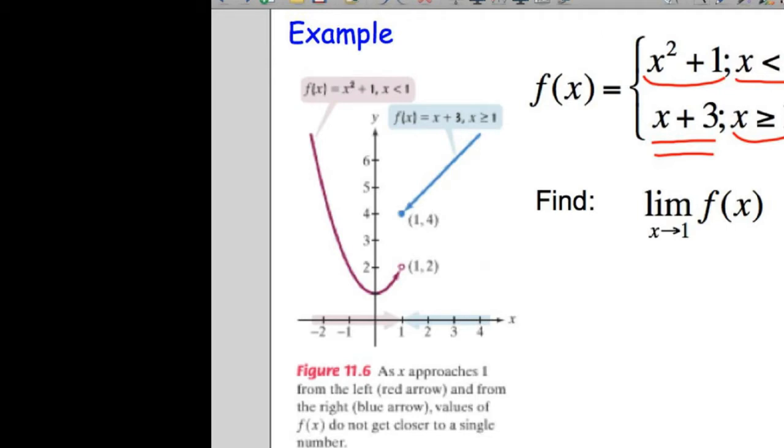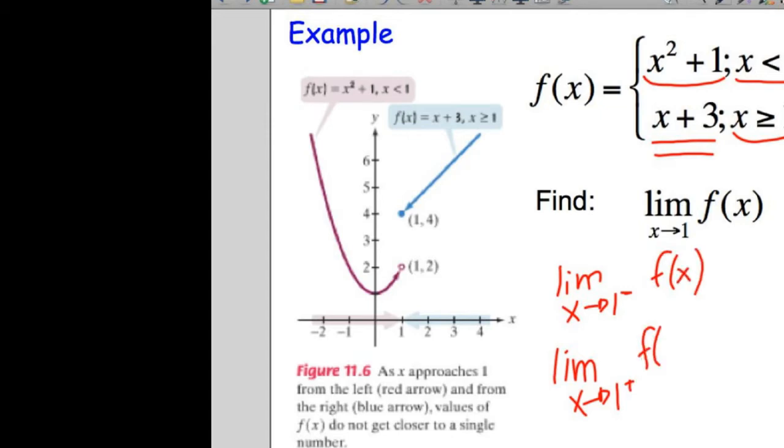So if we were asked for the limit as x approaches 1, we could look at two things. We could look at the limit as x approaches 1 from the left, and we can look at the limit as x approaches 1 from the right. And we think about, okay, what's happening as we get closer to 1 from the left.